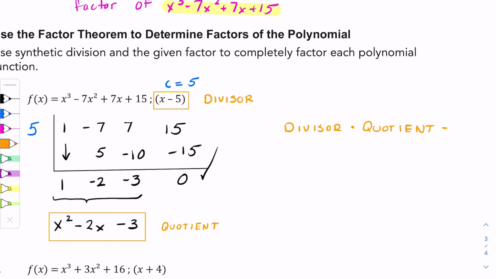I'm not going to write that out, but it equals the dividend. And then underneath this, I'm going to write that our divisor is x minus 5, and our quotient is x squared minus 2x minus 3.